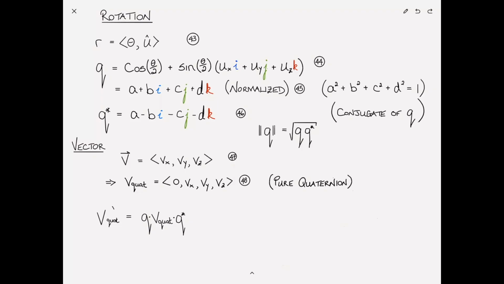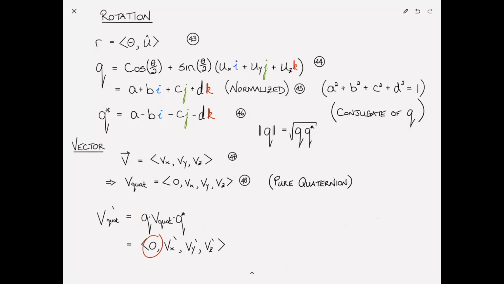The result of that will give us the rotated quaternion in the form of a pure quaternion again, where I've called the components 0, Vx prime, Vy prime, and Vz prime, to indicate that these are the rotated values. Anytime that this is a pure quaternion, meaning a 0 scalar value, the result of this product will always yield a pure quaternion.